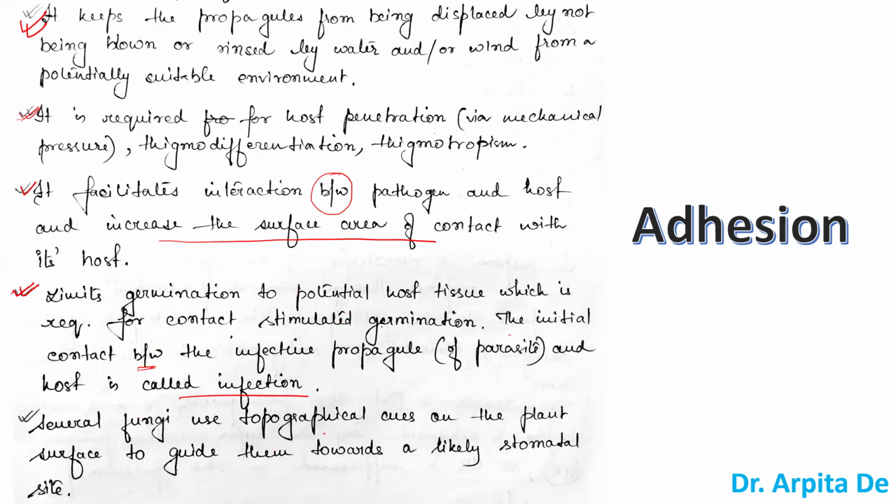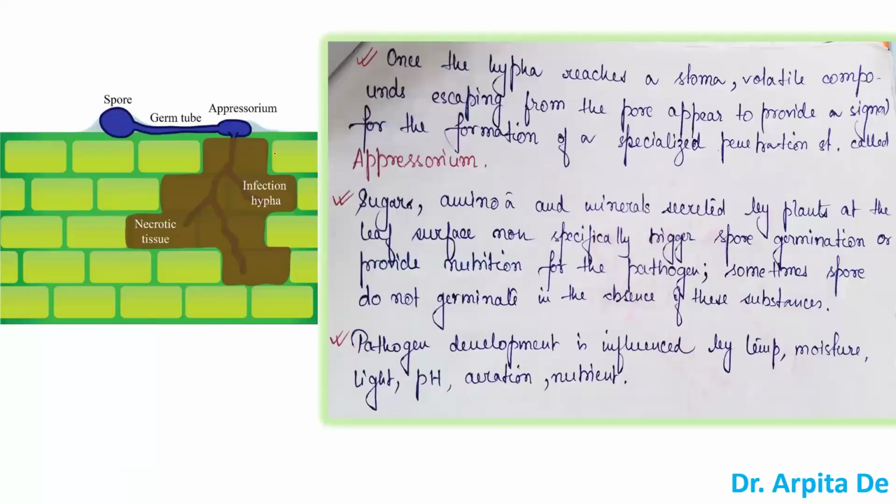Several fungi use topographical cues on the plant surface to guide them towards a likely stomatal site. Once the hypha reaches a stoma, volatile compounds escaping from the pore appear to provide a signal for the formation of a specialized penetration structure called an appressorium.